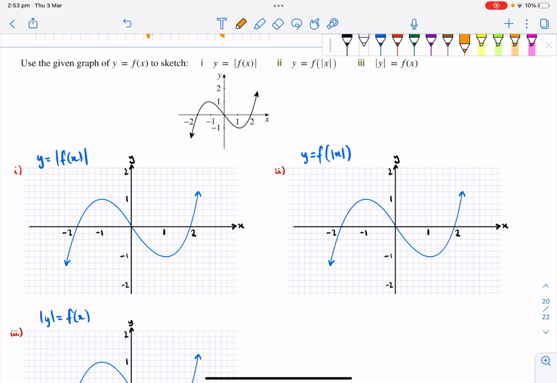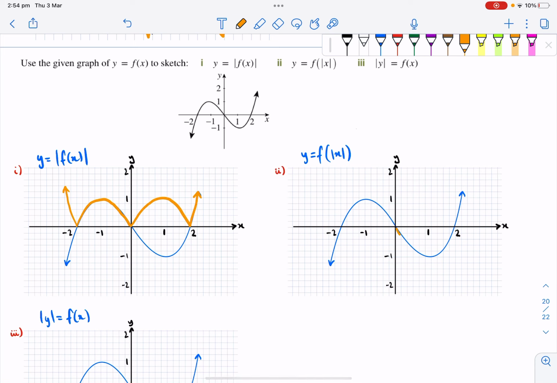Nice and easy. I keep everything above the x-axis. Anything below the x-axis, I'm going to reflect it back up. And there we go. Done. Nice and easy. All right, this one here, we're going to reflect the entire right side to the left side.